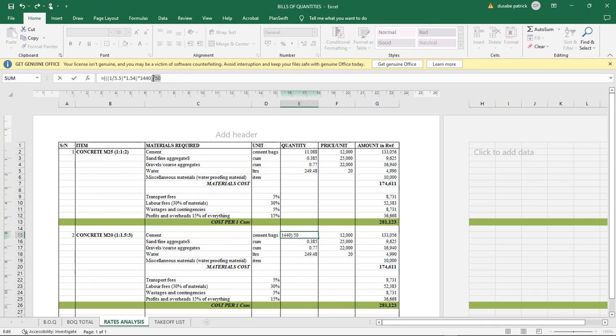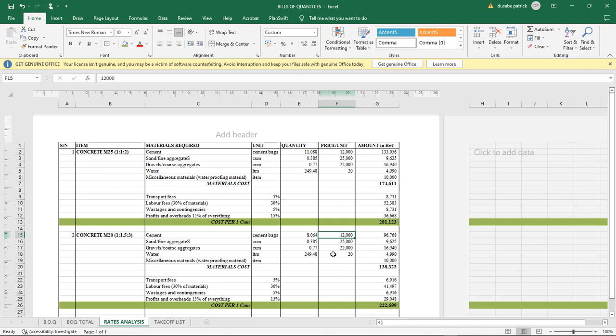And this 50 kilograms per bag is not changing at all. So if I hit enter, within this concrete mix ratio, we realize that we have 8 cement bags, which is actually true. So assuming again that the cement bag is costing 12,000 Rwandan francs, which is approximately 12 USD, we'll be having the total cost of cement, this one.